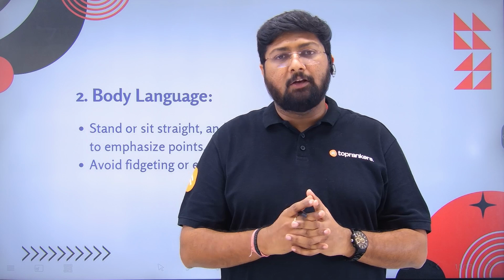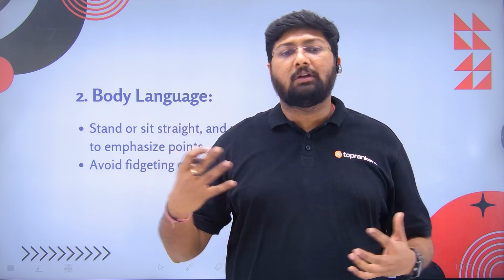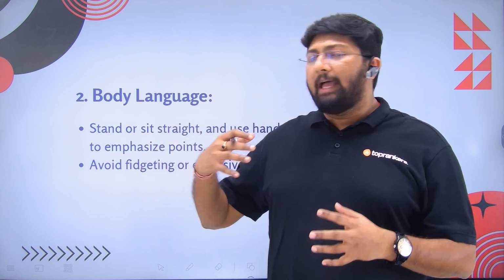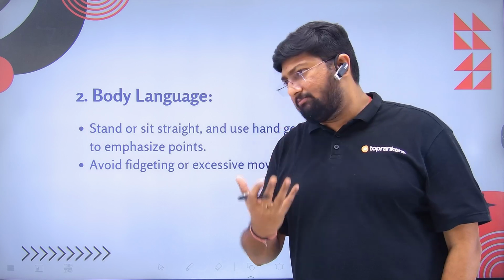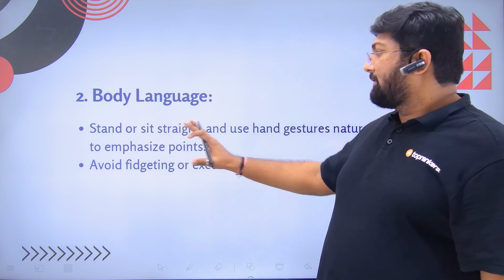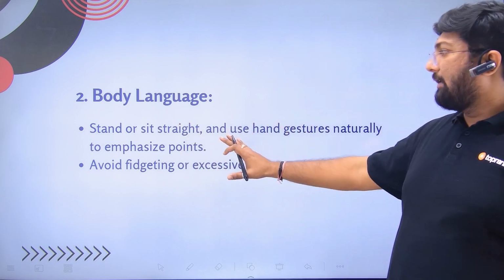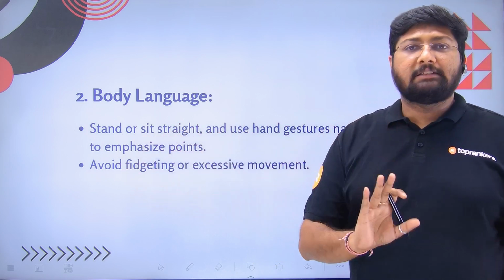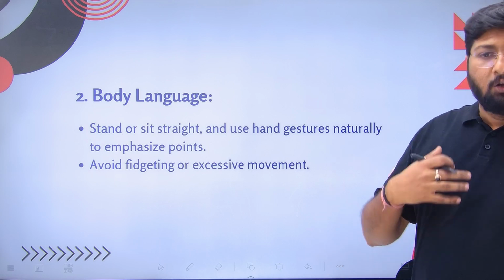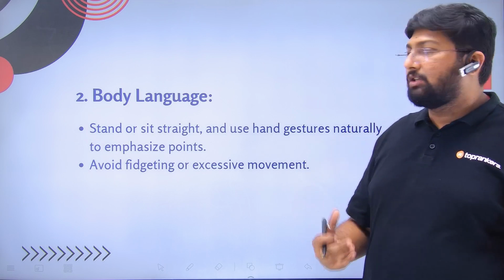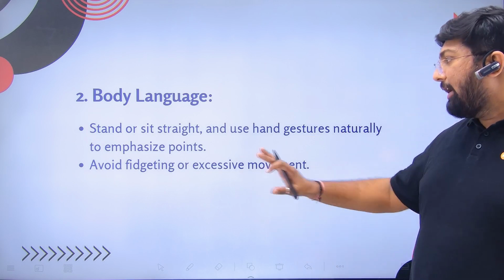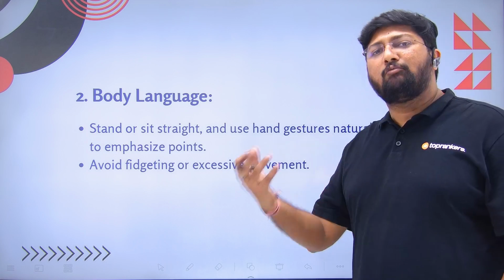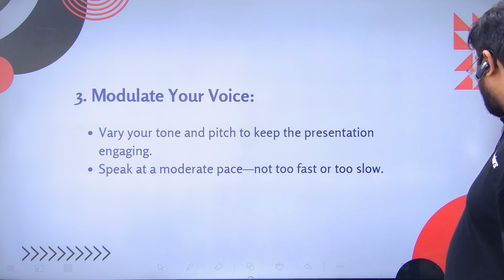Just stand there, have very natural hand movements, and just speak. Maintain good body language. If you are asked to stand and speak, stand straight and speak. If you are asked to sit and speak, sit straight and use hand gestures naturally to emphasize any points, and avoid any kind of fidgeting or excessive movement of your body or your hands.